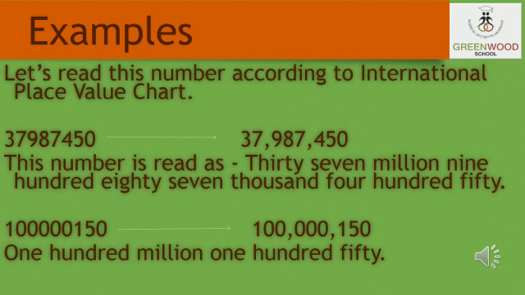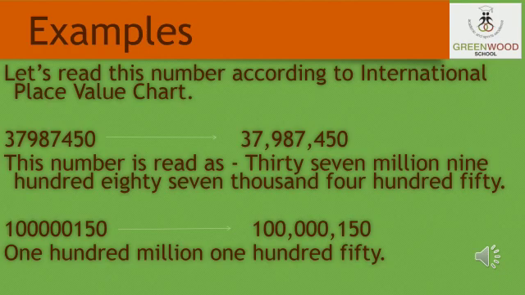Ones, tens, 100, comma, 1,000, 10,000, 100,000, comma, million, 10 million. Now see this example. Before the comma, number is 37. In which period? Million period. So it is 37 million.